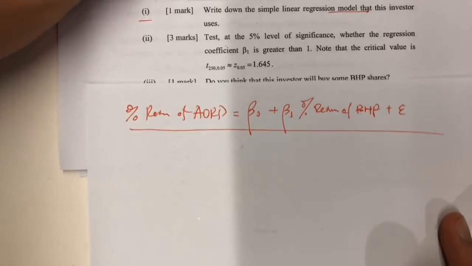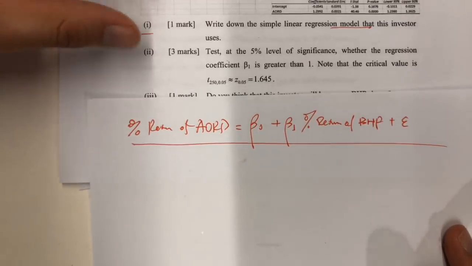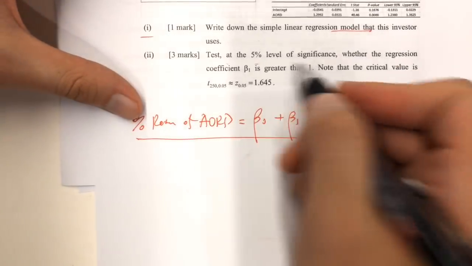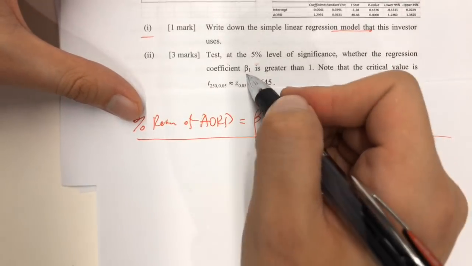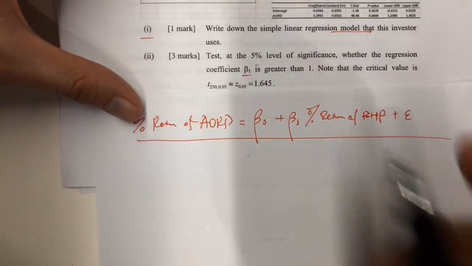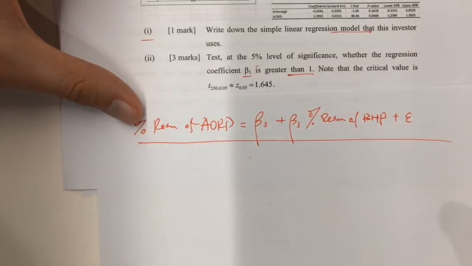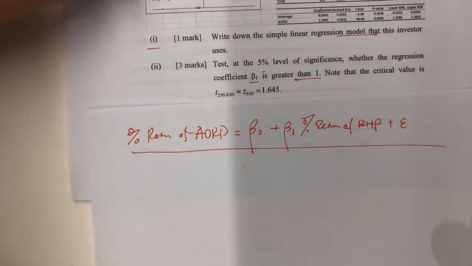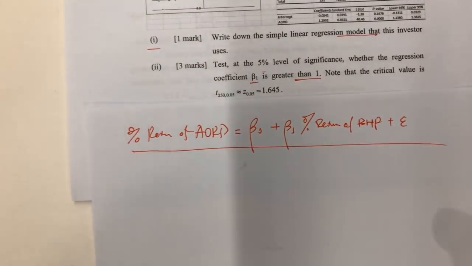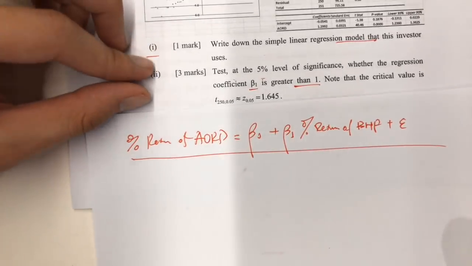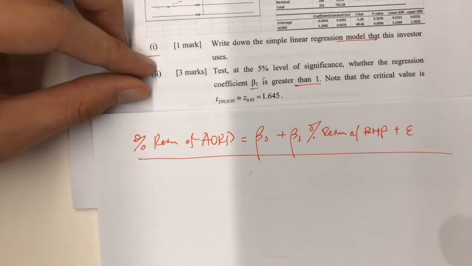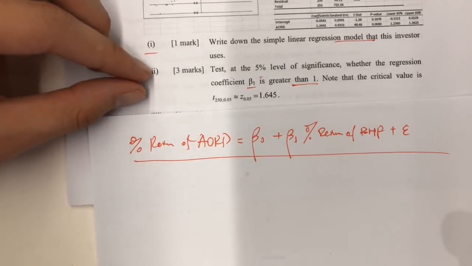All right. Secondly, test at the 5% level of significance whether the regression coefficient beta 1 is greater than 1. Note that the critical value is 1.645. As we can see, this question is actually asking us to do what?